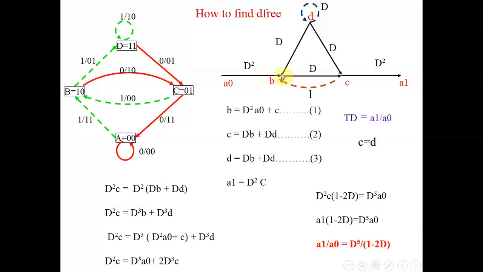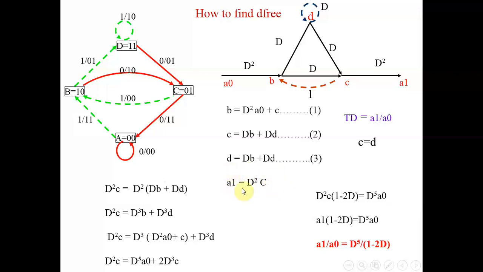For this node there are two arrows, one which goes from B to D and one from D to D. So again D into B plus D into D. If I compare, equations 2 and 3 are identical, so I can say that C is equal to D. Right? And lastly, what is A1? D square into C. This is what I get.